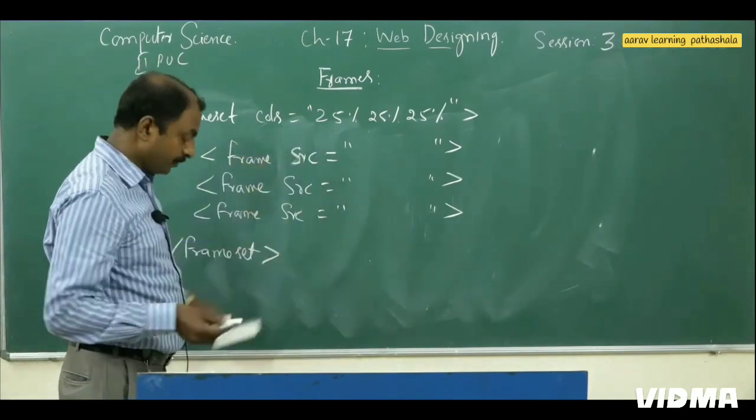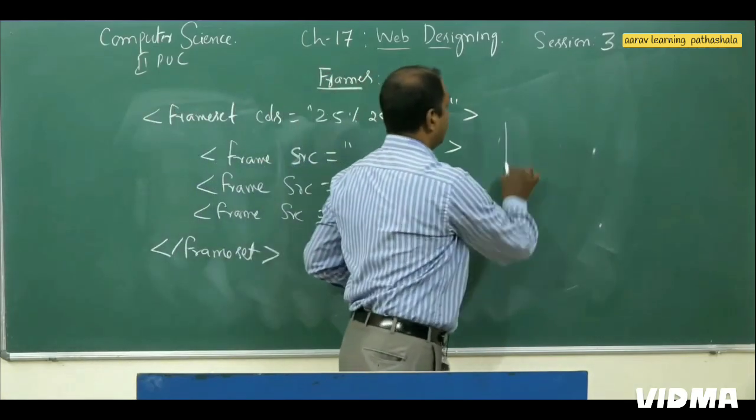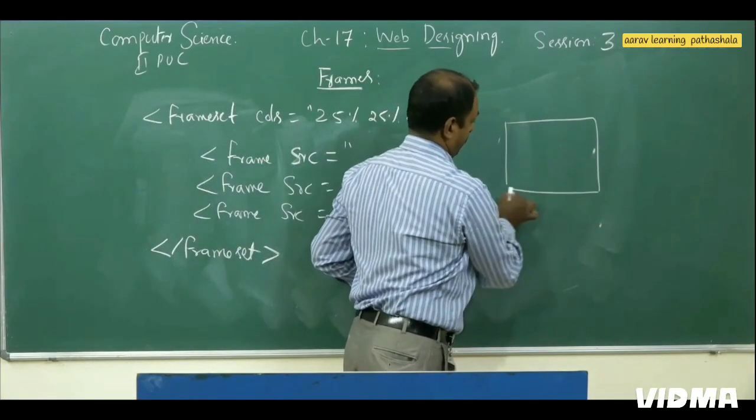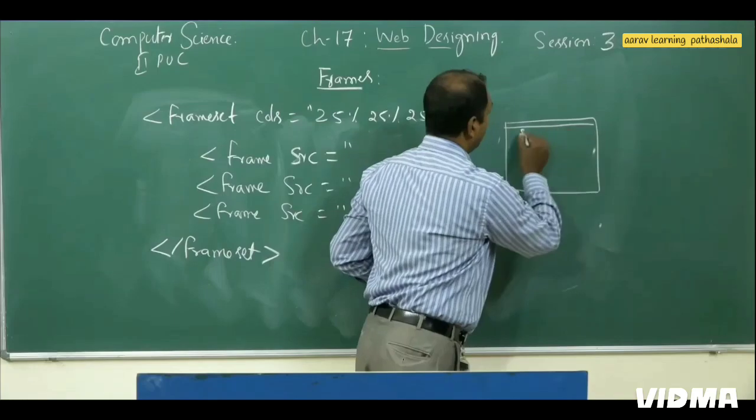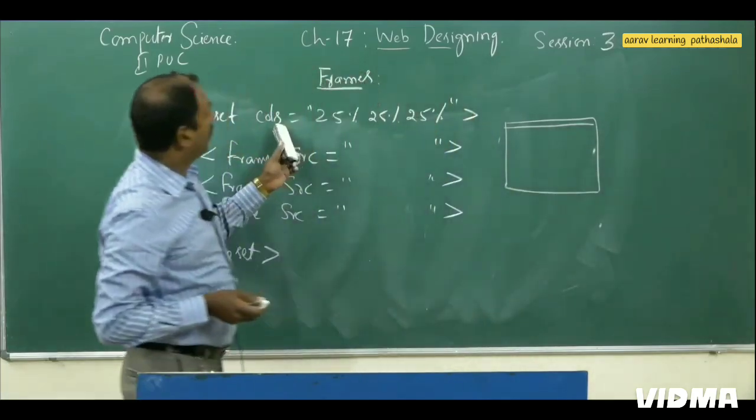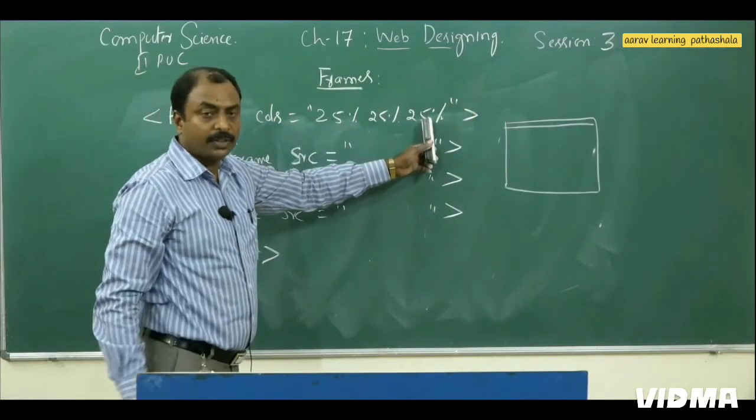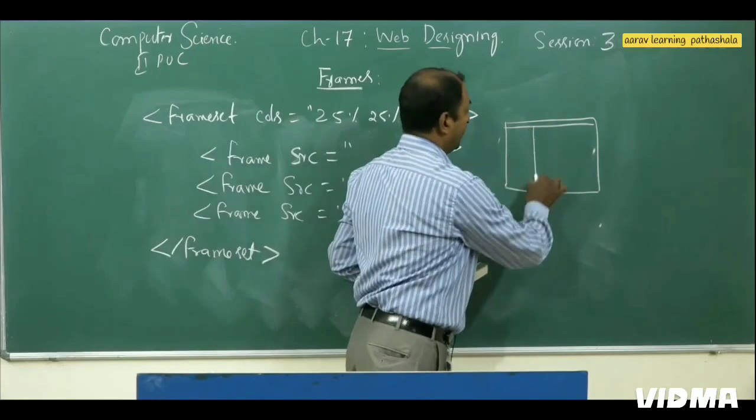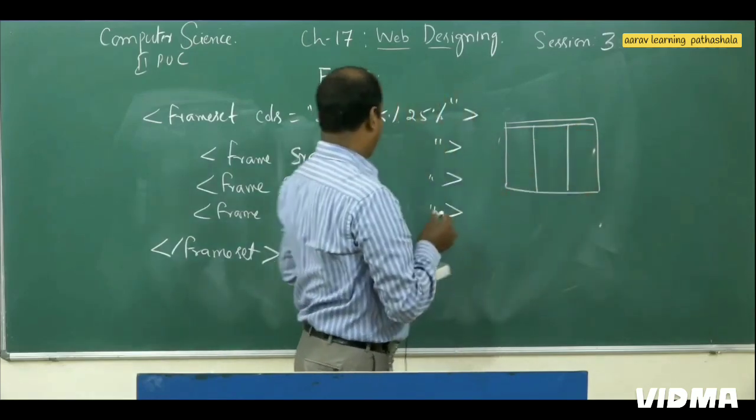So what will be the output of this example? As we have mentioned, this is the web browser window, and columns has 3 values, so it will be divided into 3 sections.